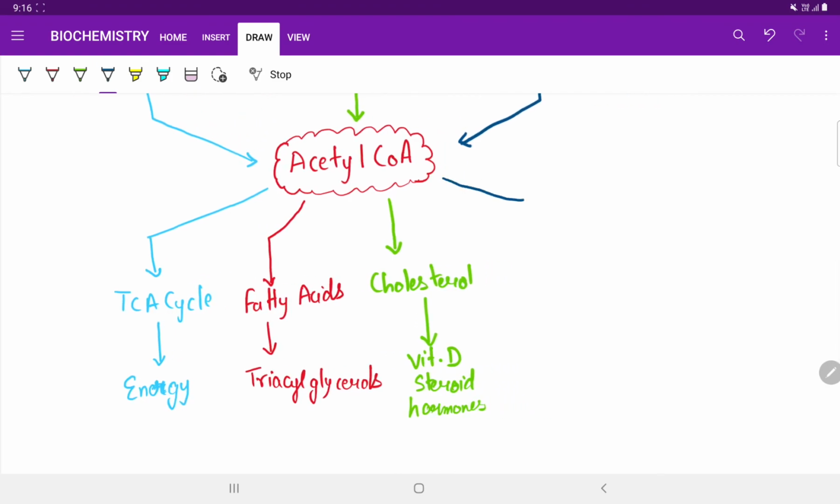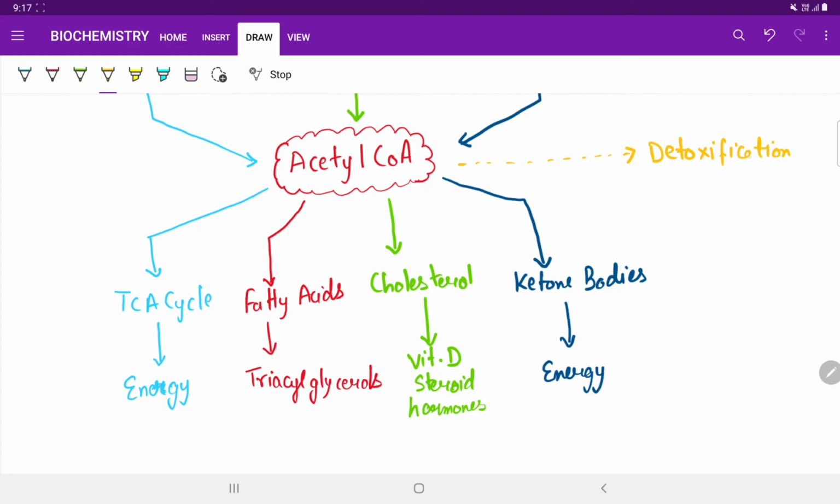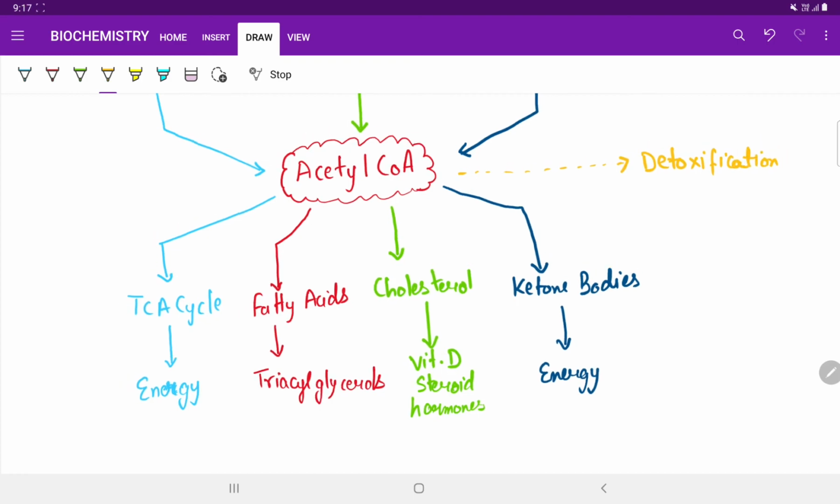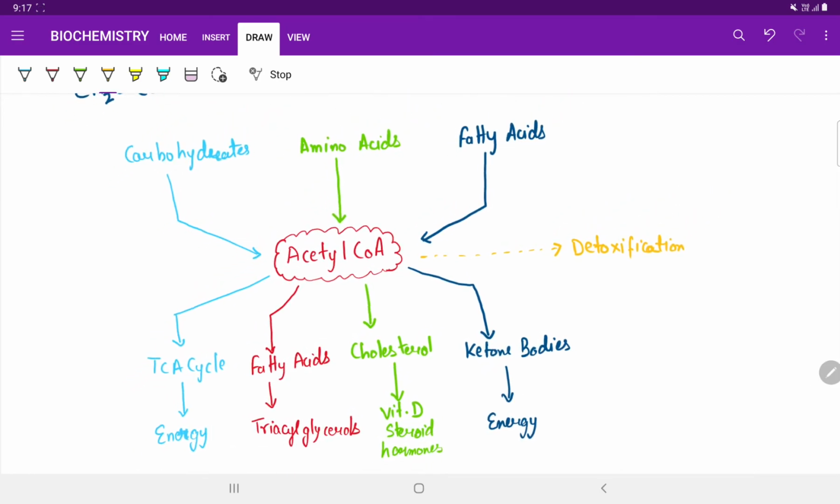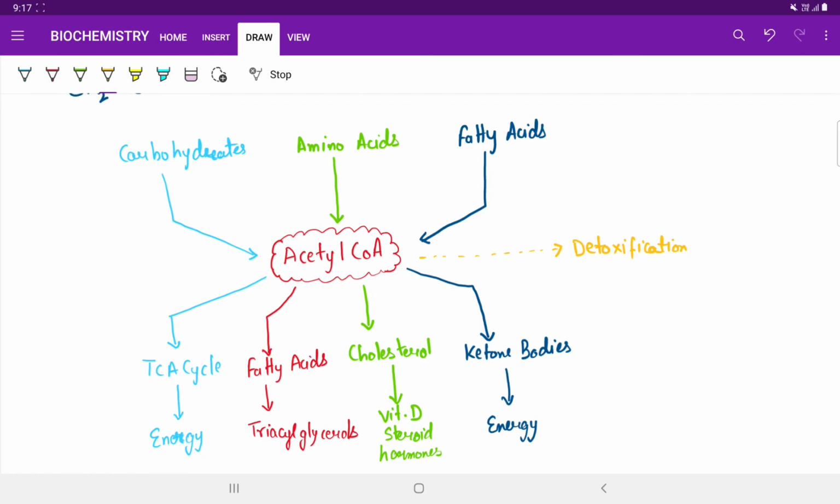Then it is also involved in synthesis of ketone bodies, which also leads to energy production. We also studied the formation of acetoacetate, acetone and beta hydroxybutyrate in this. And lastly, it is also involved in detoxification reactions. So this is the fate of acetyl coenzyme A.